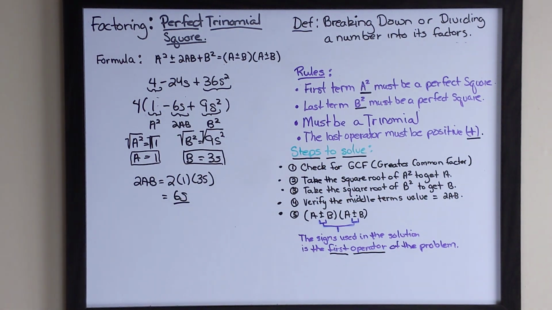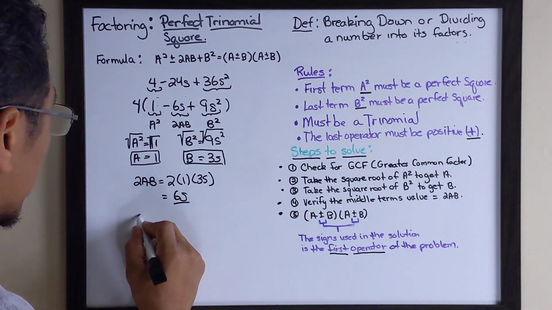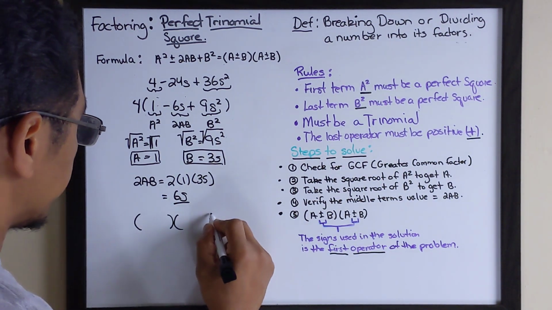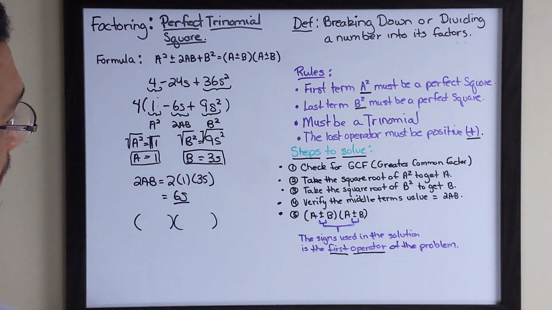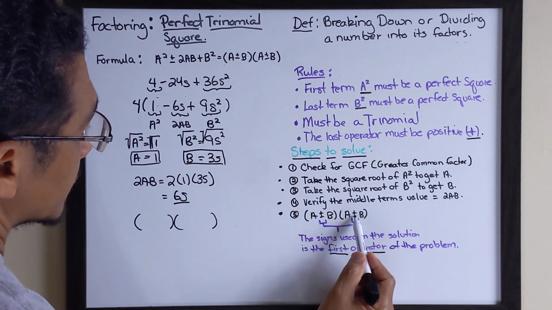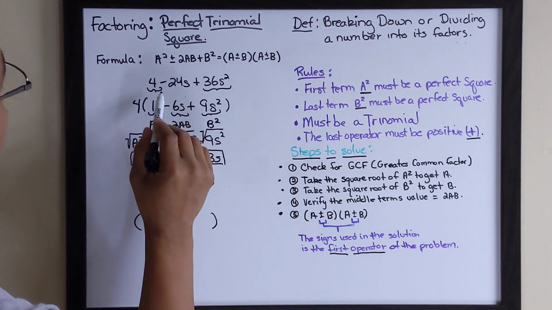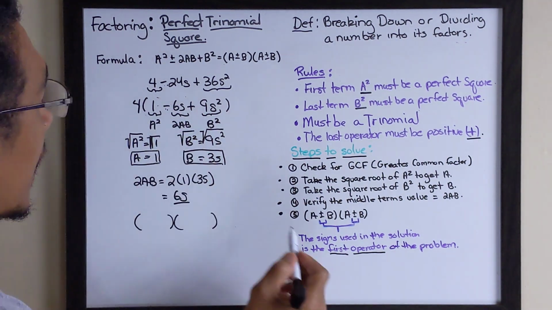On the last step, basically what it's telling us to do is draw 2 parentheses and plug in the values of a and b into these parentheses. Now the operator signs for what goes inside the parentheses are based on the first operator.